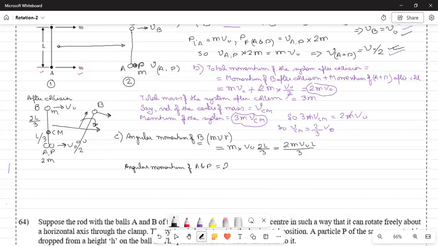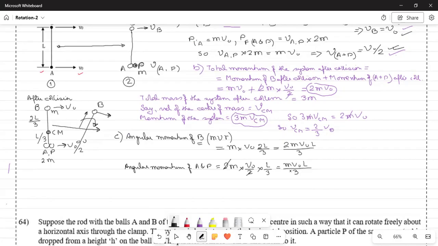Its mass is 2m. Velocity of A and P together, we have found, is V0 by 2, multiplied by its distance from the axis of rotation, which is L by 3. So this becomes m v0 L by 3.